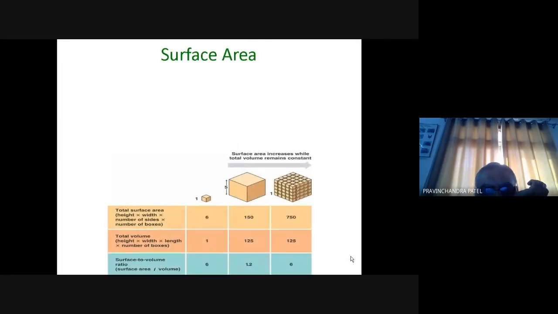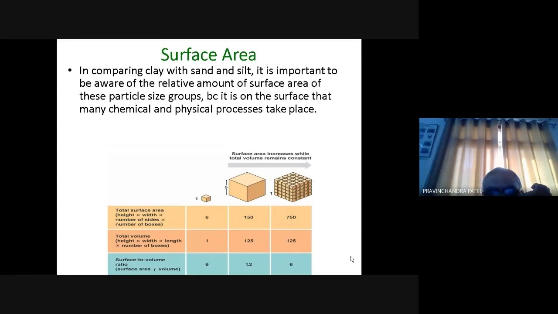So surface area, I told that clay particles have a larger surface area compared to sandy soil. You have written that in comparing clay with sand and silt, it is important to be aware of the relative amount of surface area of these particle size groups, because many chemical and physical properties take place on the surface. Smaller particles have more surface area.